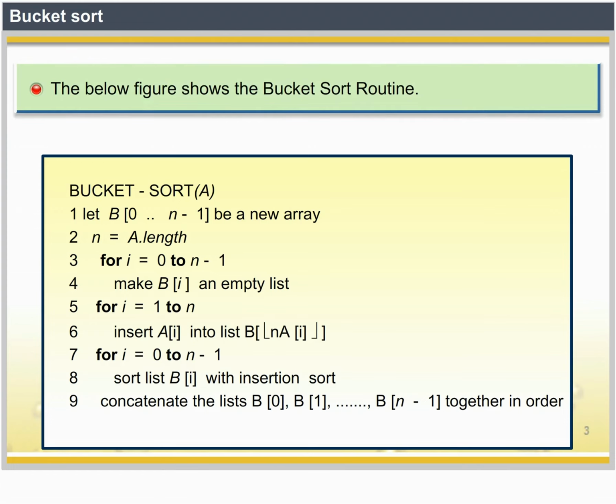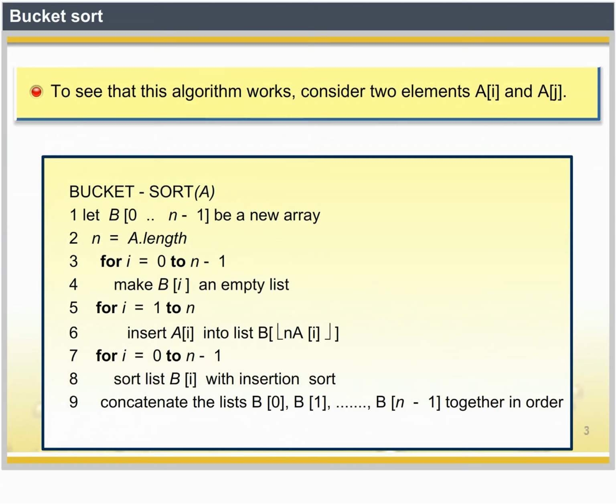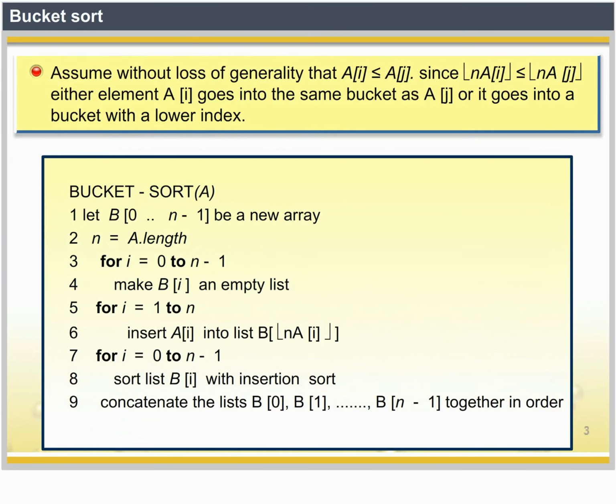To see that this algorithm works, consider two elements A[i] and A[j]. Assume, without loss of generality, that A[i] ≤ A[j]. Since floor of n·A[i] ≤ floor of n·A[j], either element A[i] goes into the same bucket as A[j] or it goes into a bucket with a lower index.